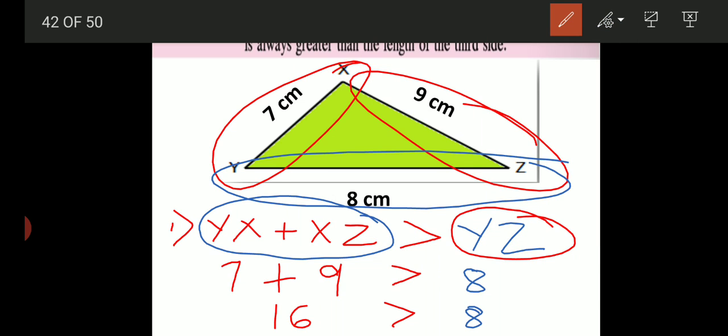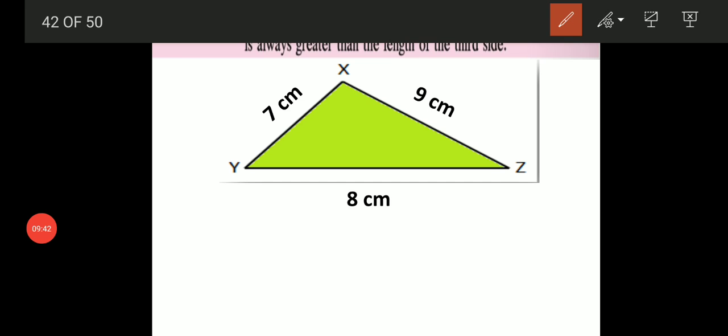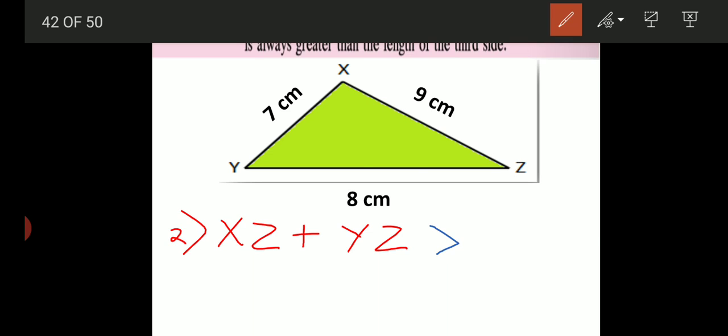Fine. Now let's take again the next pairing. So in the next pairing, I take side XZ plus side YZ, which I will prove that it is greater than side YX. So we will put down the values.